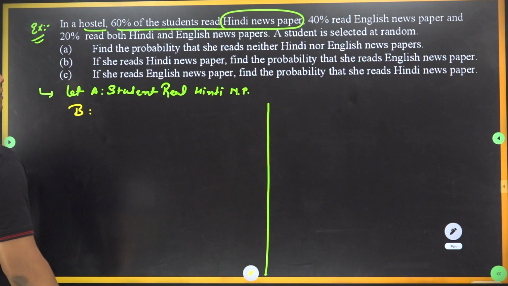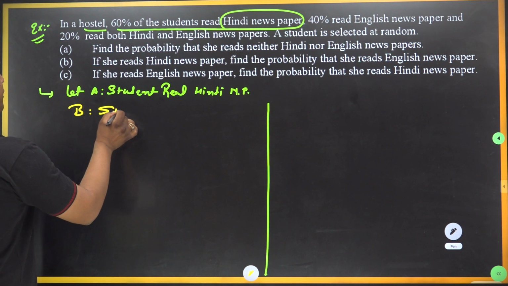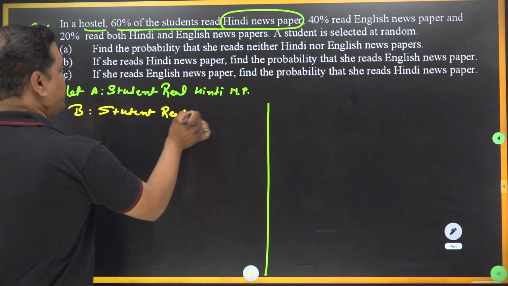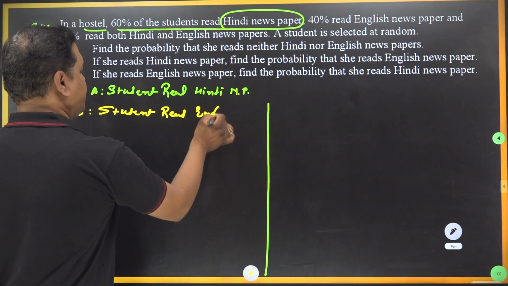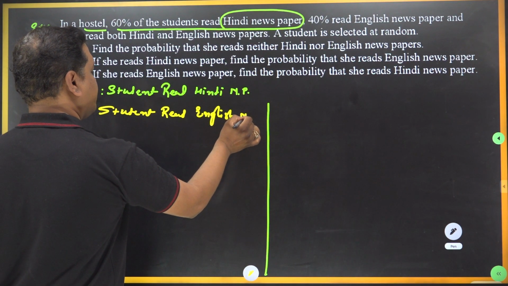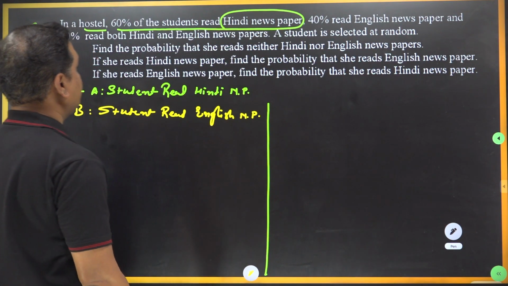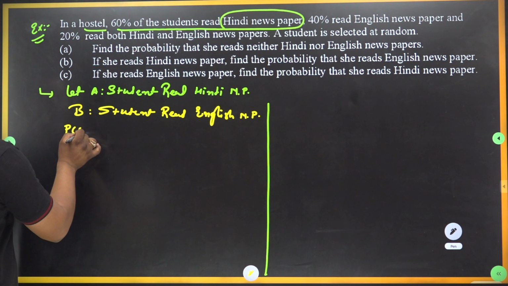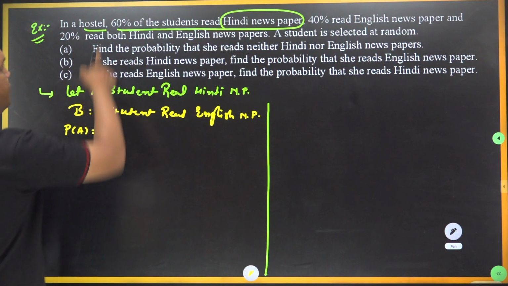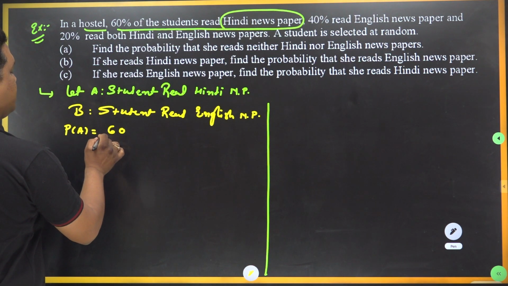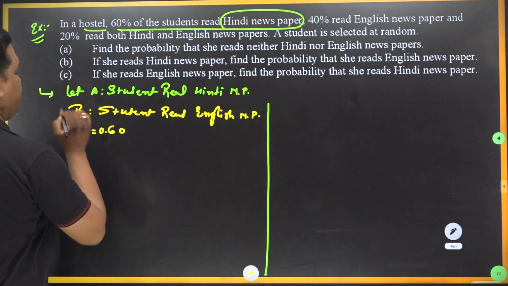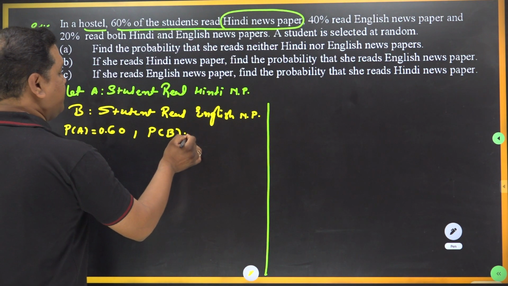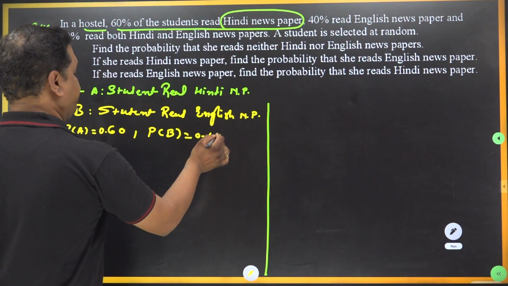Event B, student read English newspaper. Now P of A, 60 upon 100, so that is 0.60. P of B, 0.40.